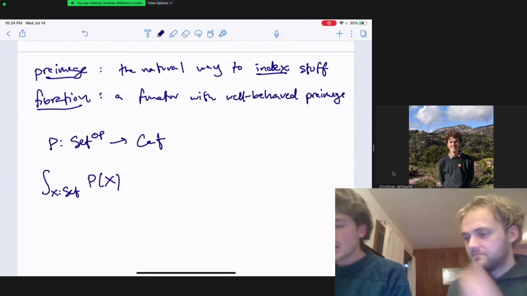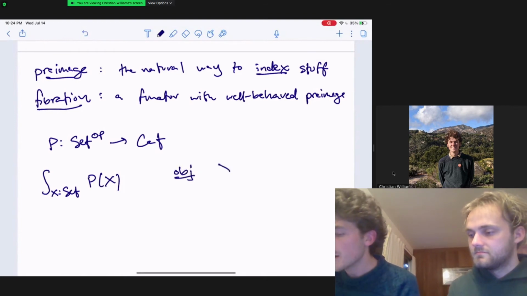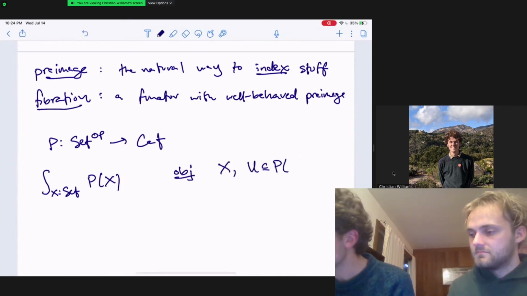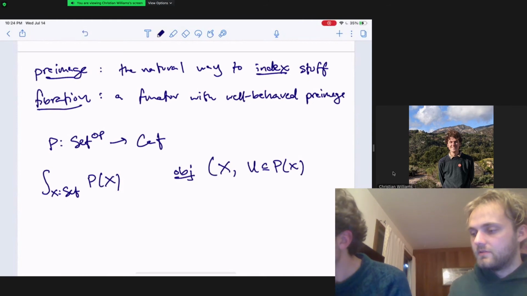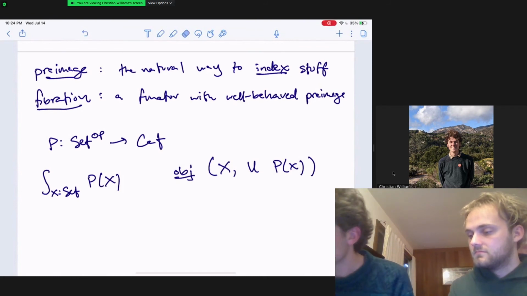So, how does it work? This is the category whose objects are pairs of X together with something in its power set, X and U in the power set.